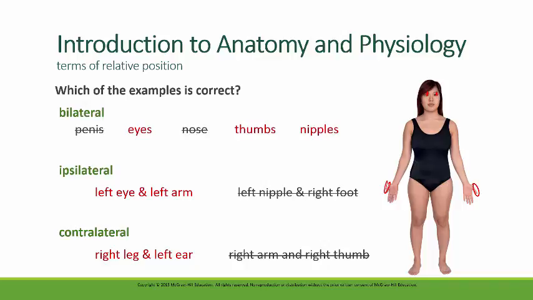Ipsilateral, remember that meant on the same side of the body, so of course her left arm and her left eye are on the same side of the body. Were you thinking that was the left? Remember, left side, patient's point of view. If something is contralateral, they're found on opposite sides of the body, so this time the right leg and the left ear, hidden there in her hair, are contralateral to each other.